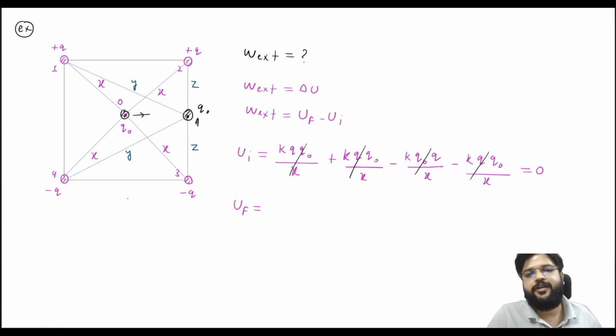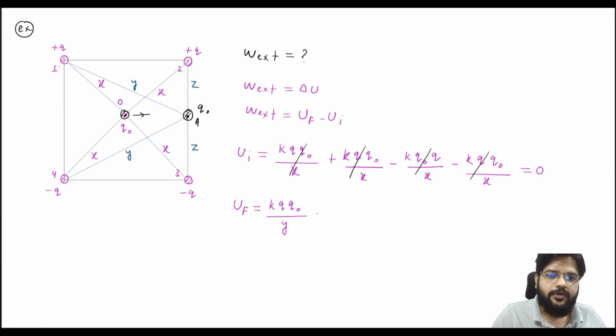So let's see. If we write the final potential energy, it can be written as what? First of all, I will write between 1 and A. So it is k q q naught divided by y, this distance is y, everyone, between the first and A, correct? And then we will write between the fourth and A point, and at the fourth we have a negative sign, that's why here we will write minus k q q naught by y.